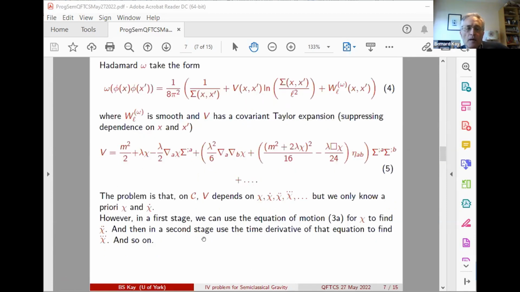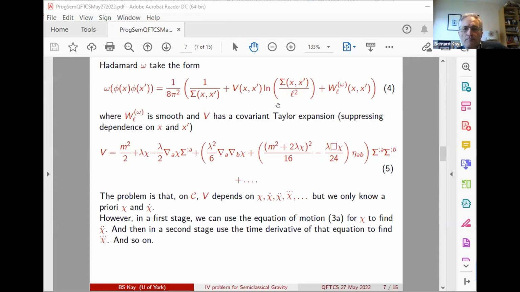Okay. And let's simplify also by taking our initial surface to be a flat constant time surface in some Lorentz frame. Now for a state to be Hadamard for this theory, the 2-point function has to take such a form. Sigma is the square of the geodesic distance between our 2 points. To say a state is Hadamard means that it can be written in this way, where this W is smooth, okay?